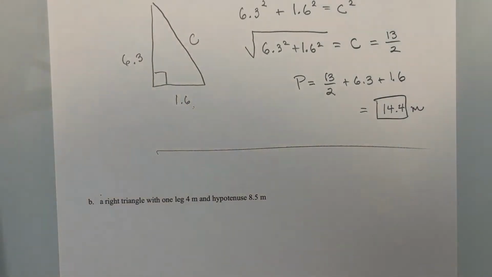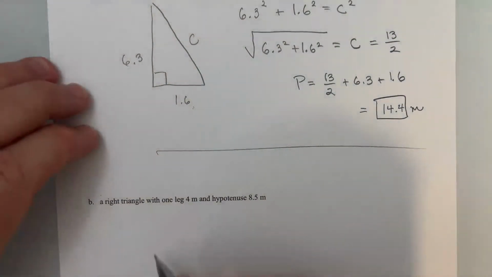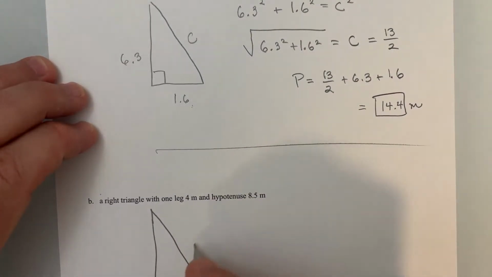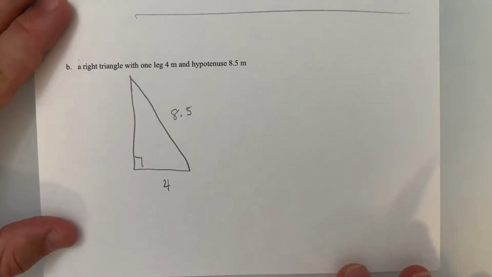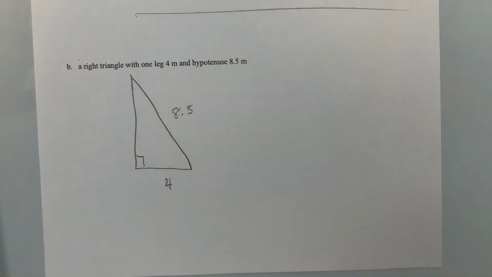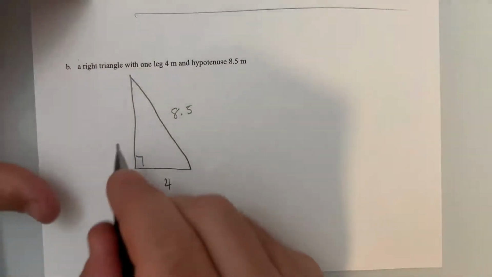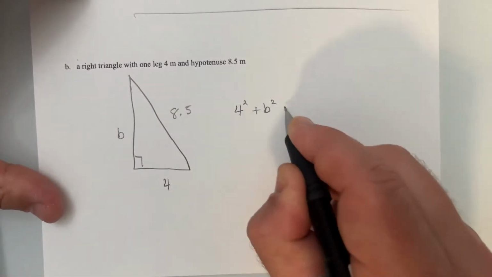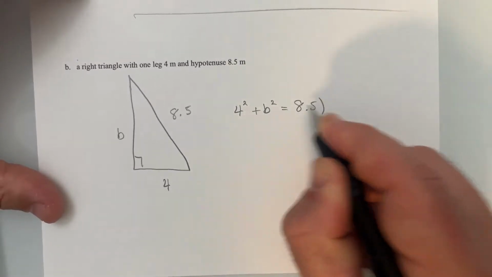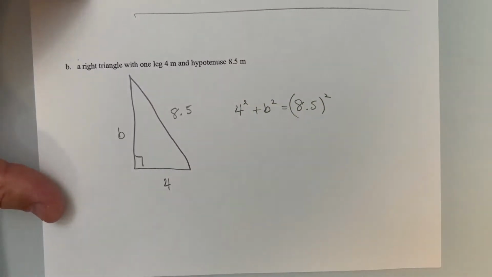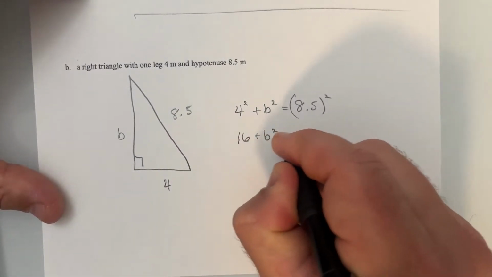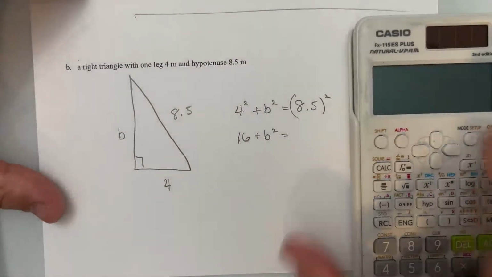A right triangle with one leg 4 and a hypotenuse 8.5. So here we have a triangle like this. I would call this maybe B, and I would have this as my setup. 16 plus b squared is equal to 8.5 squared.